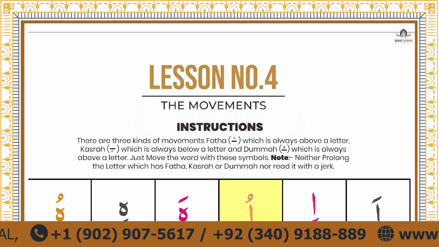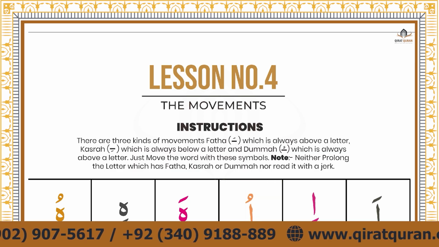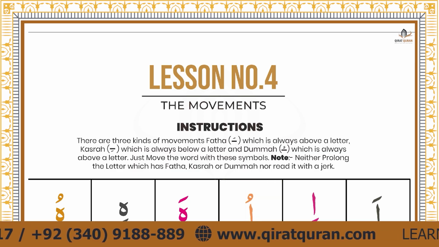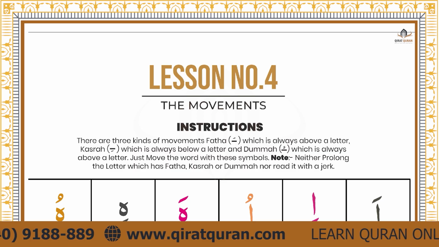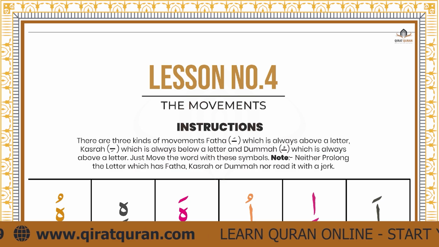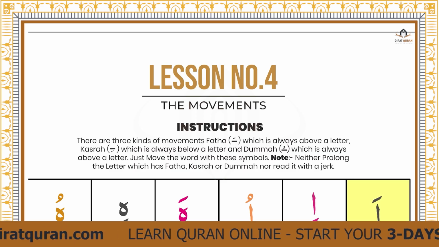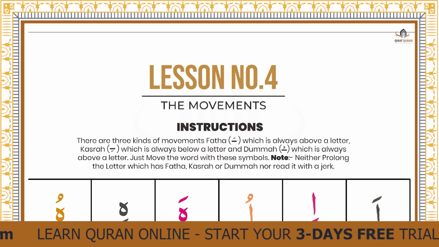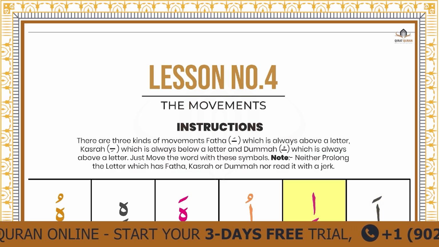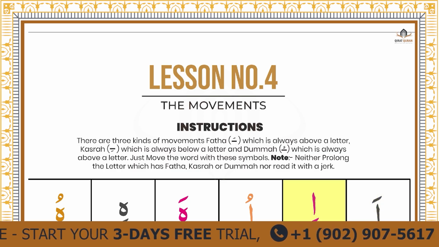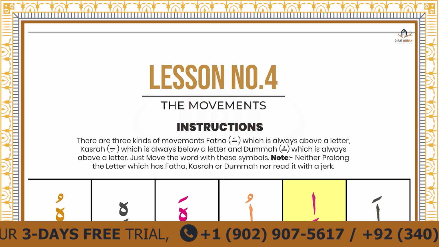So there are three basic signs to know the exact sound of the letter. First one is fatha, a dash above the letter, pronounced as a short a. Then the second one, a dash below the letter, called kasra and pronounced as a short e.